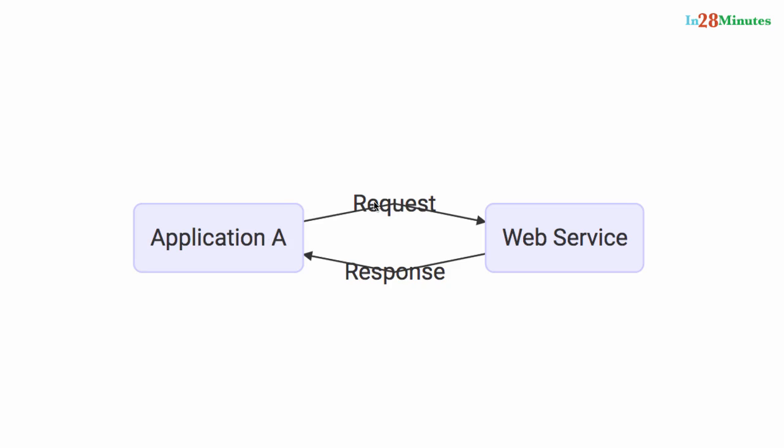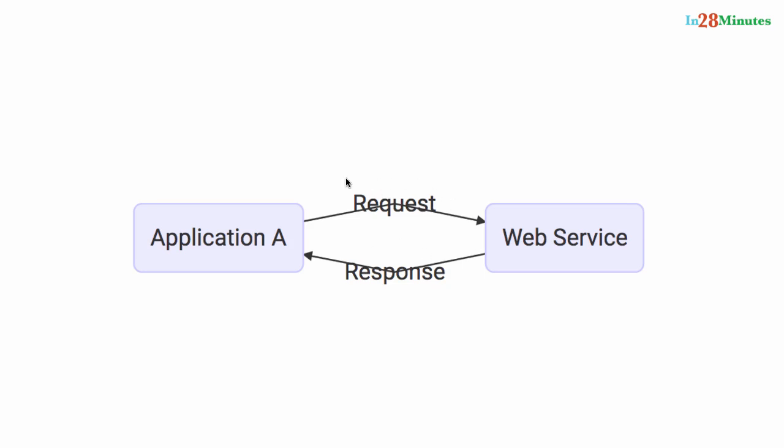Nope. The important thing for the web service to be platform independent is that the request and the response also should be platform independent. They should be in formats which are supported by all different kinds of platforms.